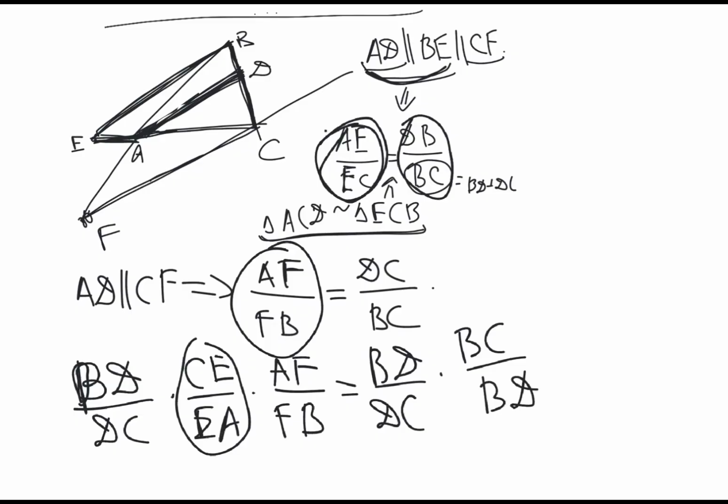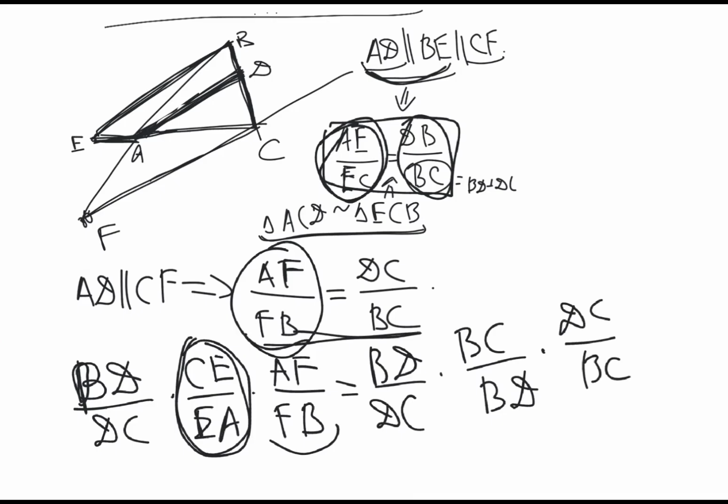Right? So from this equality we replace this ratio, and the third ratio is what we just calculated. So the third would be DC over BC.